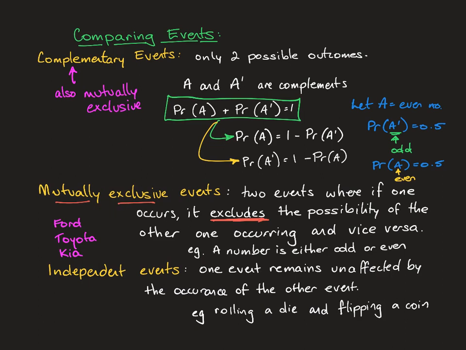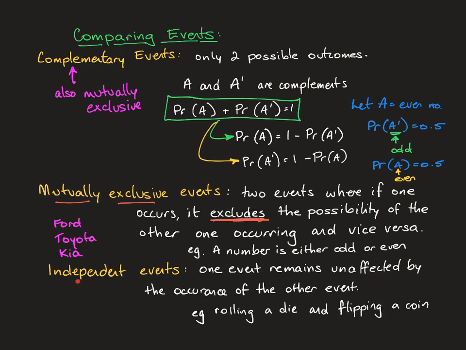And then finally, we have independent events, where one event remains completely unaffected by the occurrence of another event. For example, if you were rolling a die, the outcome of that roll will have no impact on flipping a coin.